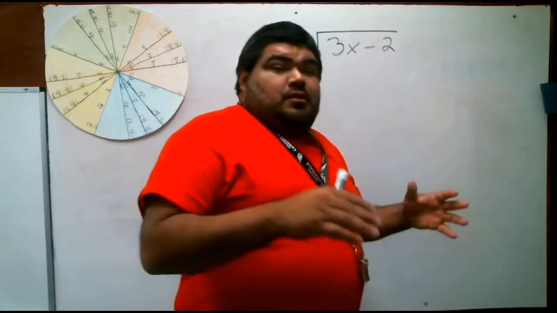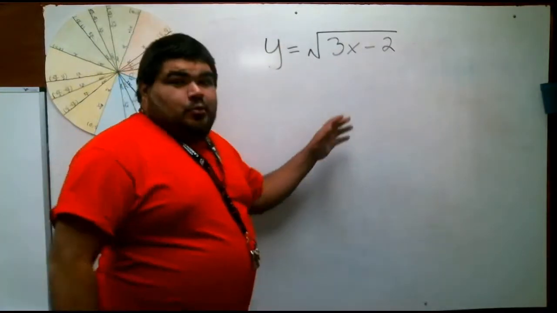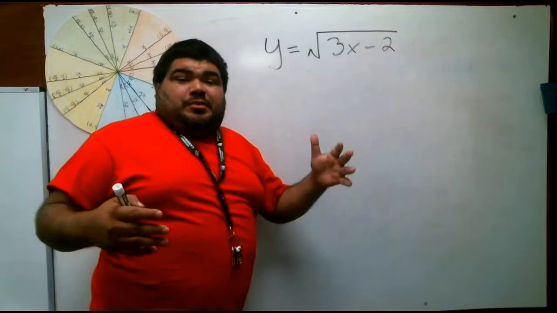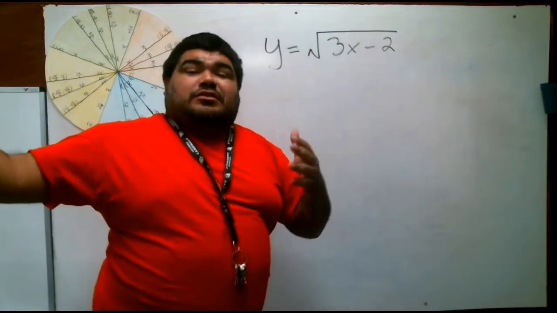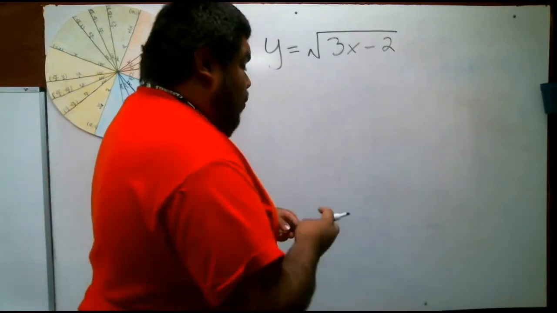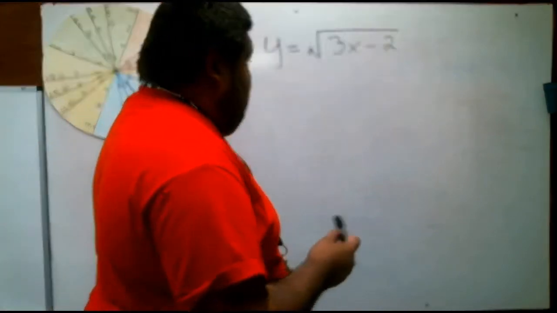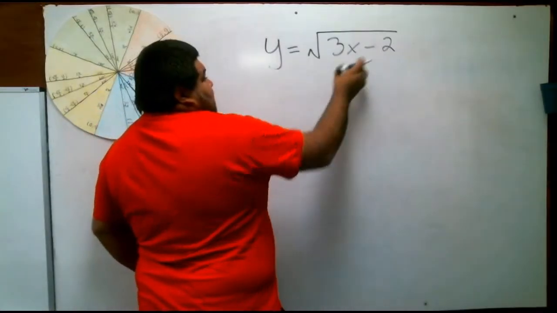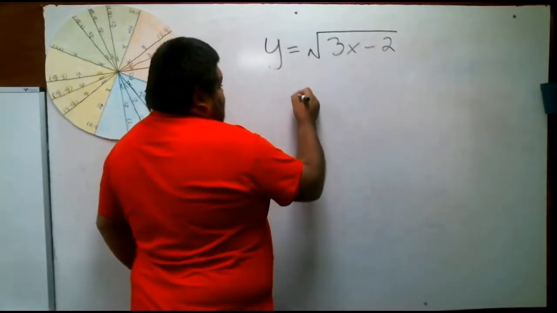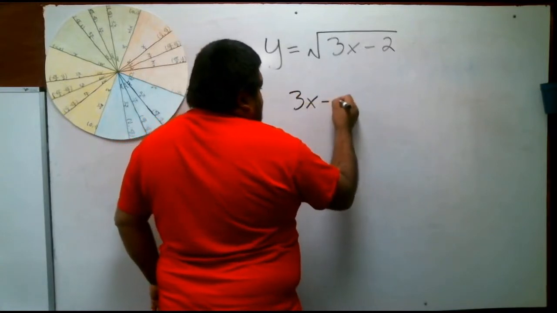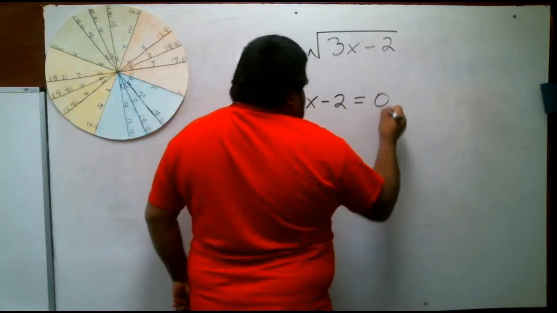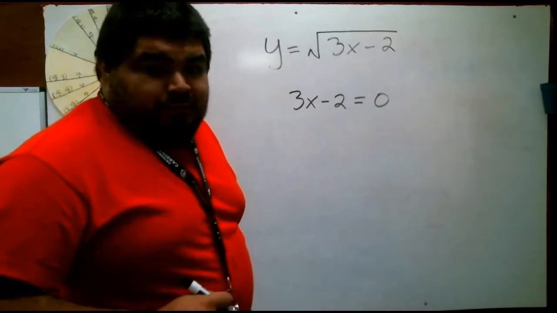Okay? What we're trying to do is equal this radical to 0, because the radical of 0 is just 0. The way we do that is we get the inside, 3x minus 2 equals 0.